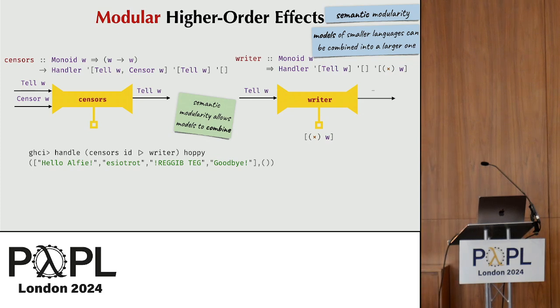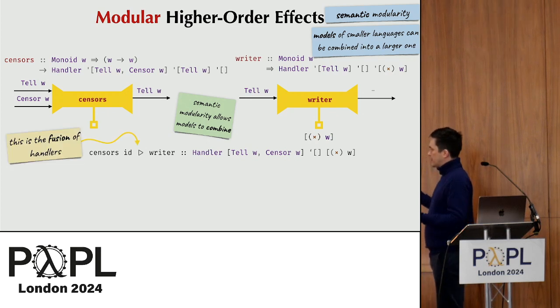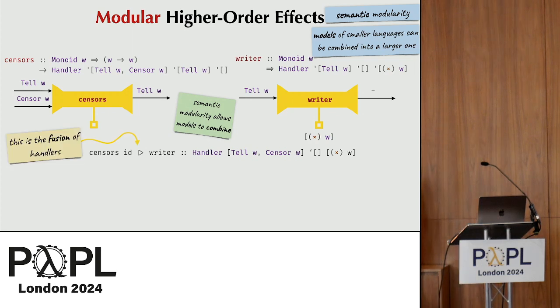Notice that the pure values are untouched by the sensors, but the pure values are crossed with W in the case of writer. So what we really want to do is we want to take these two handlers and we want to fuse them together to make a different handler that combines all of these interacting components together.